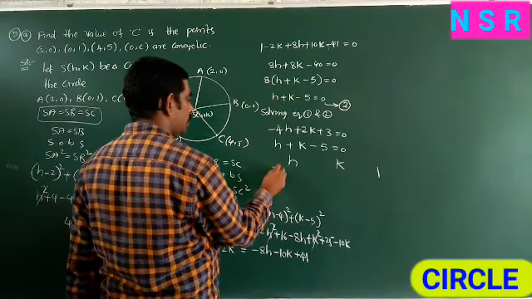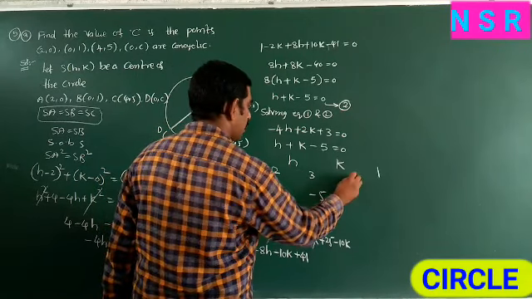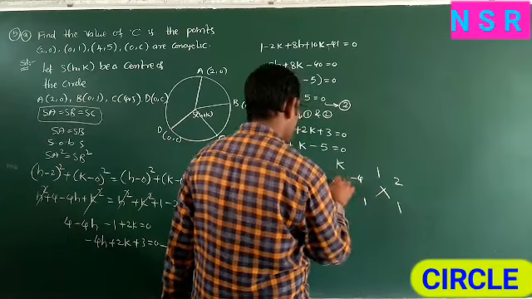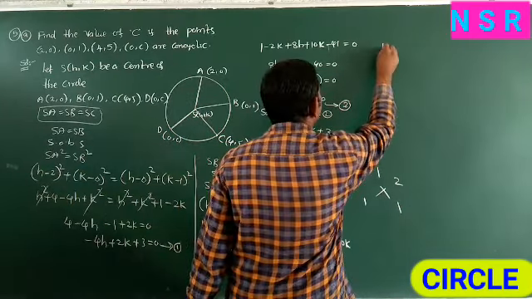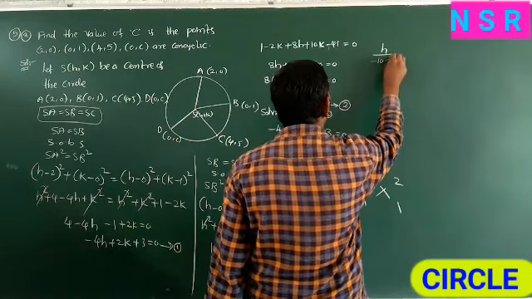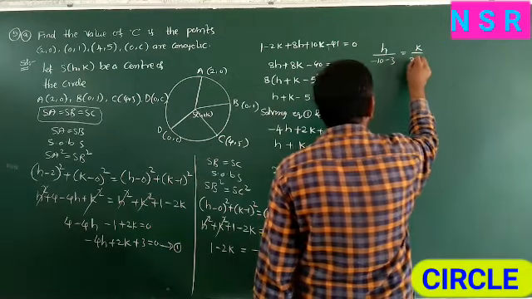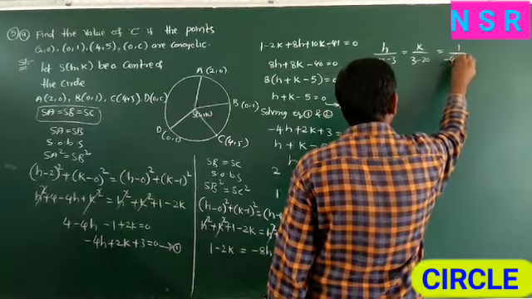Now apply the cross multiplication method: h by (2 times minus 5 is minus 10, minus 3), k by (3 minus 20) and 1 by (minus 4 minus 2).